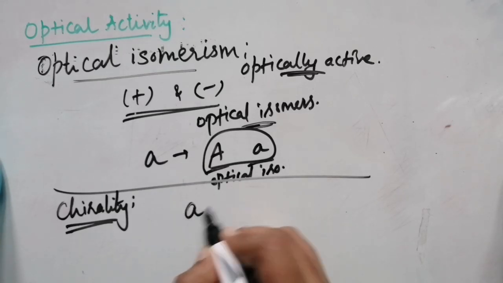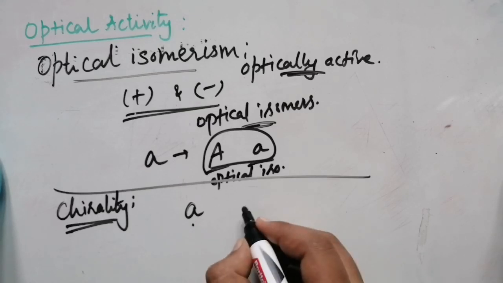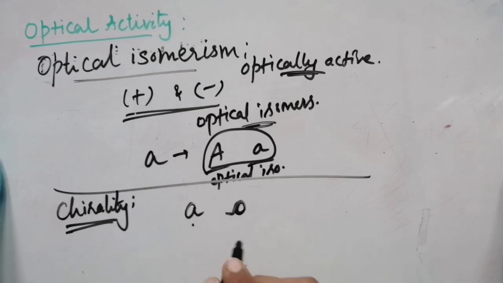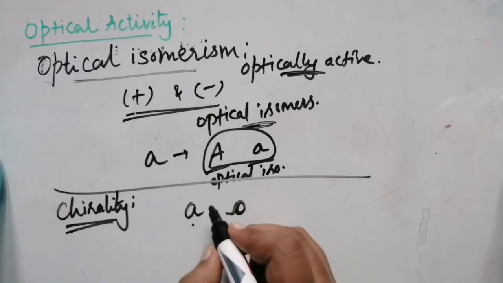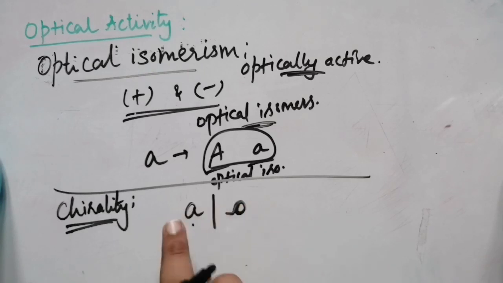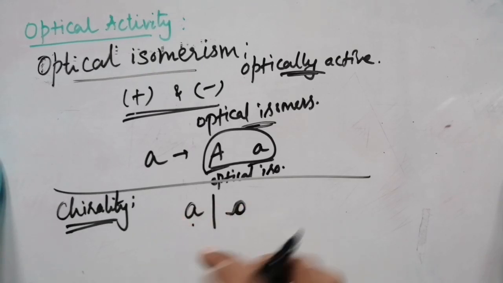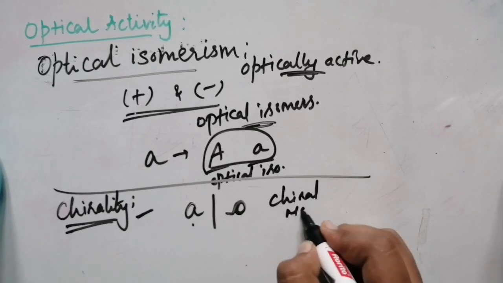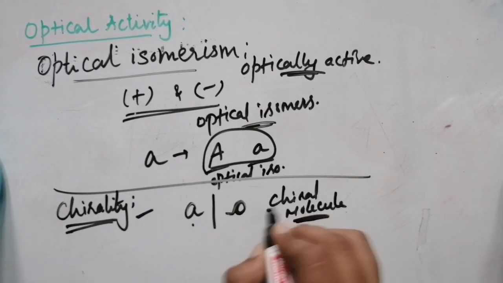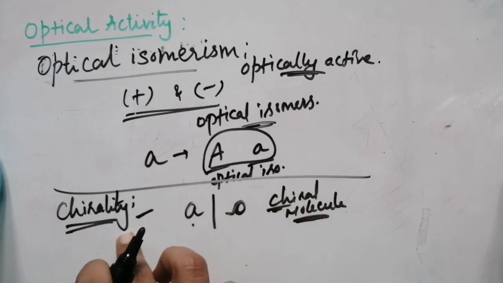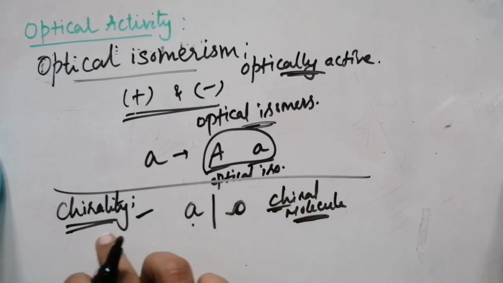My hands are not superimposable on each other. I am taking an object A and its mirror image. If I place this on this and it is non-superimposable, it is said to be a chiral molecule. The phenomenon in turn is called chirality.